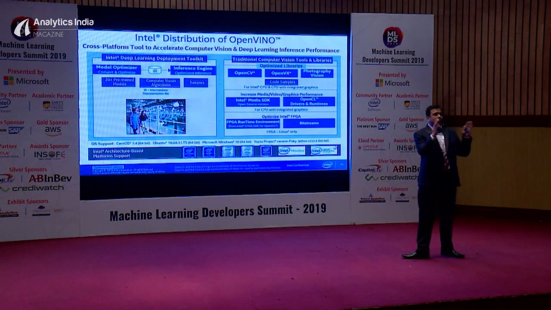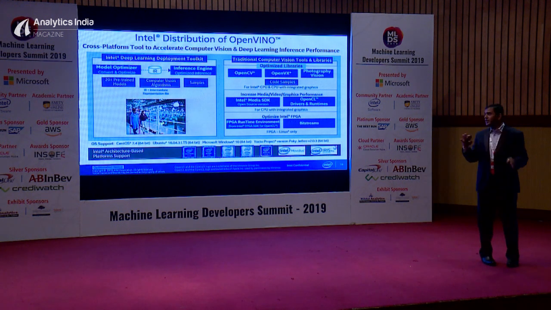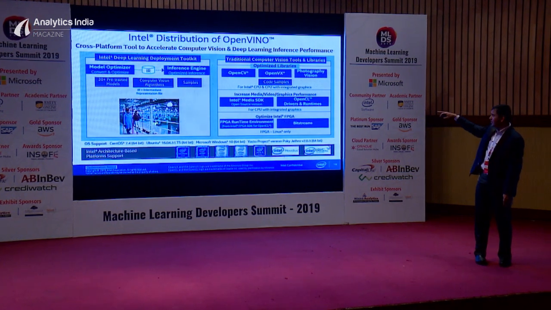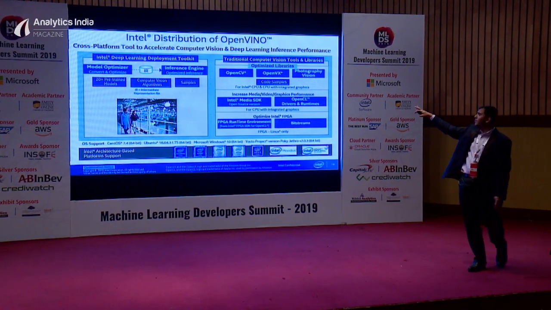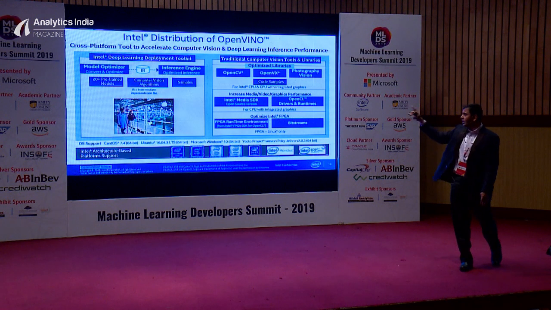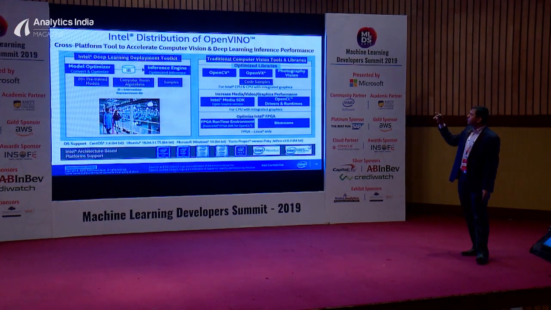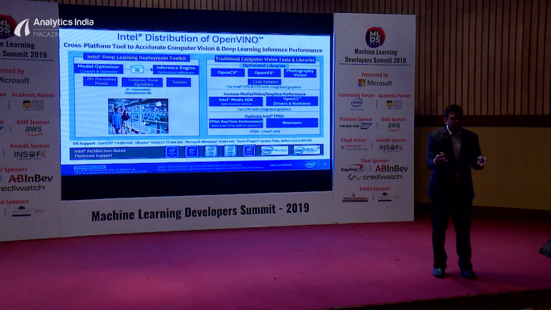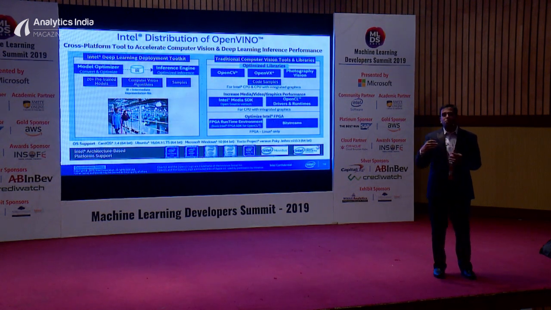OpenVINO has two sections, right? One is the deep learning deployment kit and the other is the traditional computer vision tools and libraries. I'll focus on the traditional first, and then we'll get into the DLDT. We call that the DLDT. If you are a developer on vision, I'm sure you are either using OpenCV, OpenVX, whatnot, right?